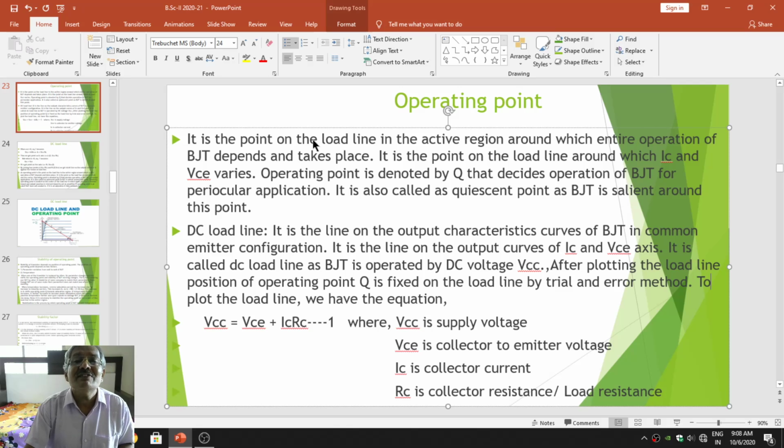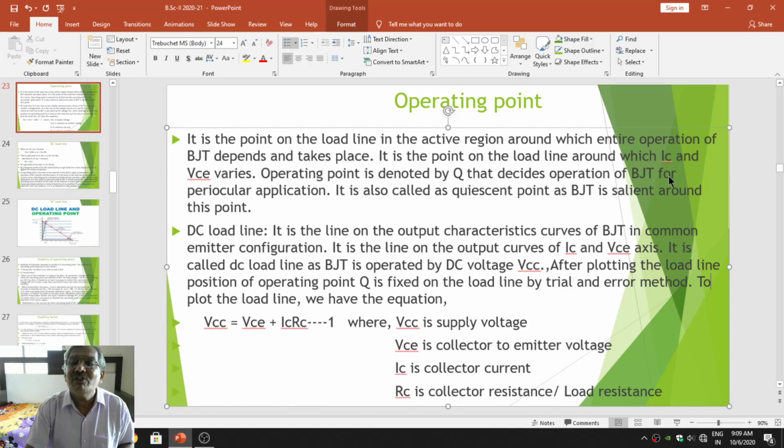That point is called the operating point. It is a point on the load line around which IC and VCE vary. Around that particular point only the output current IC and the voltage VCE vary. Operating point is denoted by Q. Symbolically it is represented by Q.